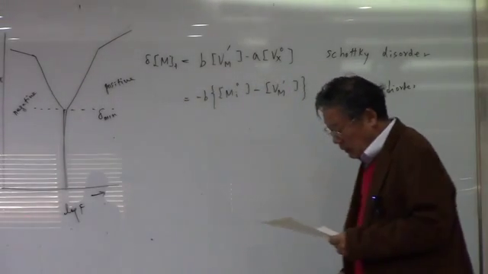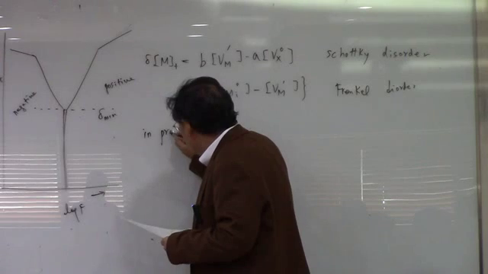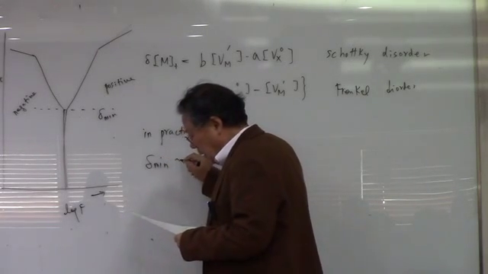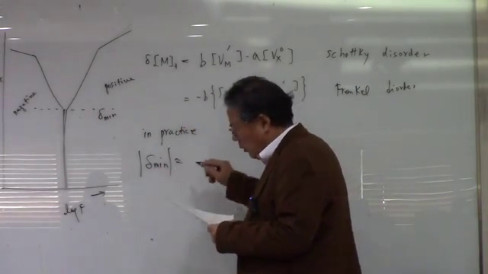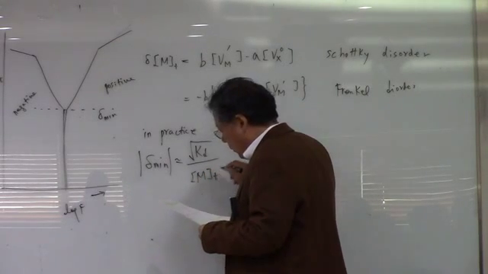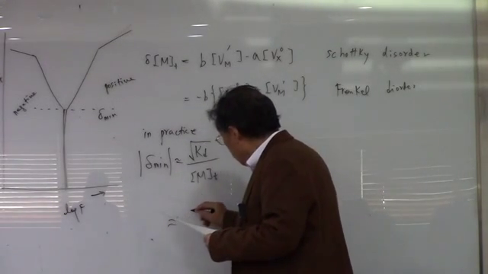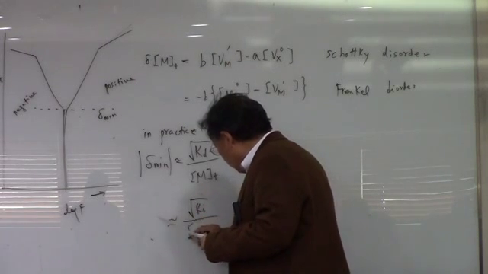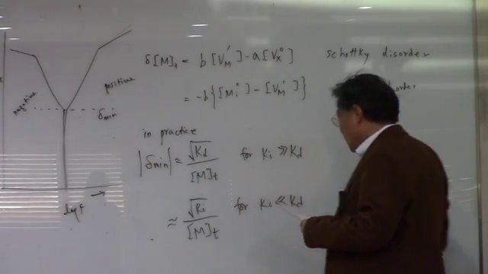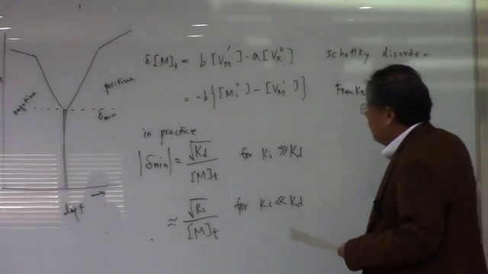For this whole discussion here, in practice, the delta minimum can be thought of as square root of Kd over m total for the Ki greater than Kd case, and it can be said as square root of Ki over m t for the Ki less than Kd case, the ionic material and electronic materials. Okay.